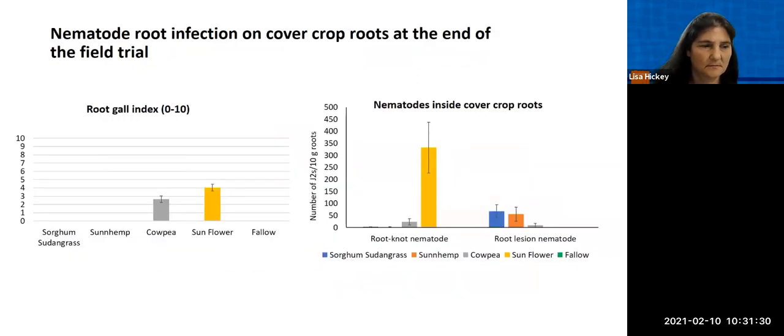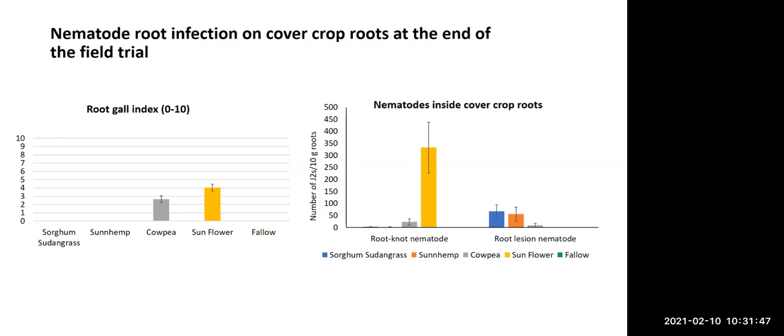So here are the nematode root infections that we found on the cover crop roots at the end of the trial in summer. On some of the cover crops, we did find root galls, like on cowpeas and especially sunflower. We did not see any nematode root galls on sorghum sudangrass or sun hemp. We also extracted nematodes from the roots, and you can see we found root-knot and root lesion nematodes.